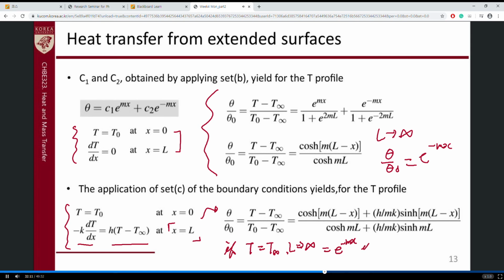Or if d theta over dx equals 0 and also L goes to infinity, then this term goes 0, this term goes 0, so we will get this value, which is exactly the same as this one.